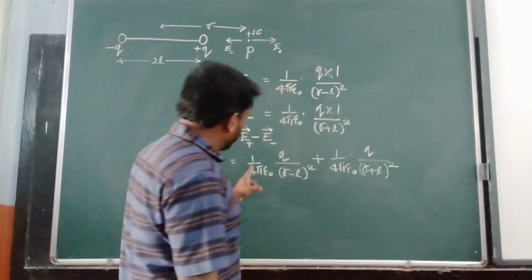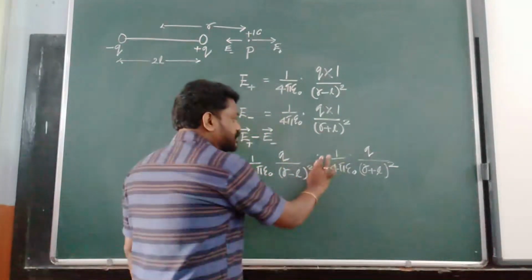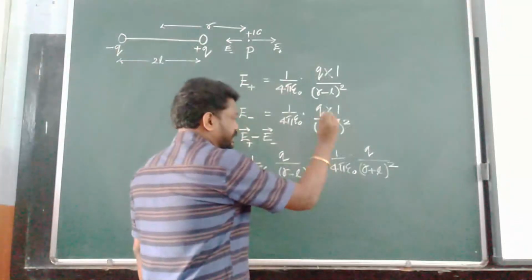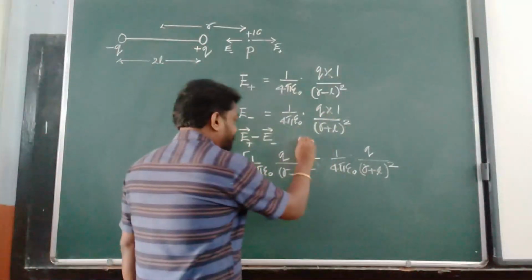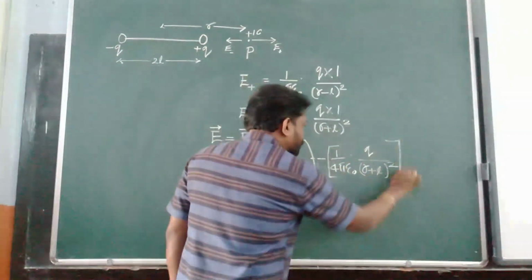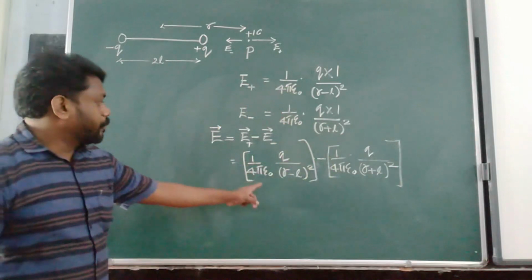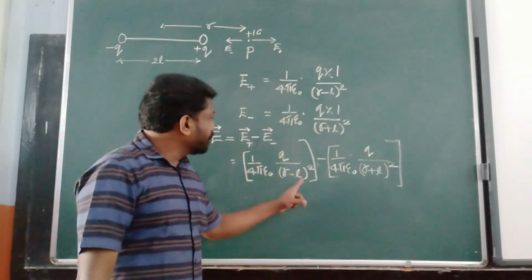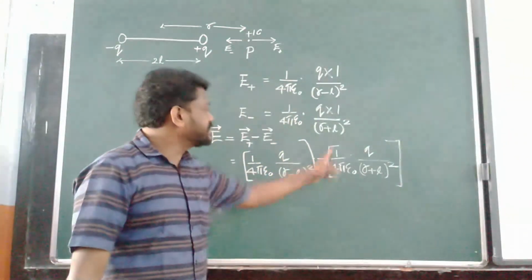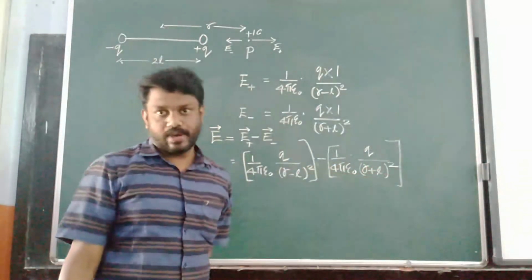So this will become 1 by 4 pi epsilon 0 q by r minus L whole square. This plus I am changing to minus here. So this will become 1 by 4 pi epsilon 0 q divided by r minus L whole square minus 1 by 4 pi epsilon 0 q divided by r plus L whole square.